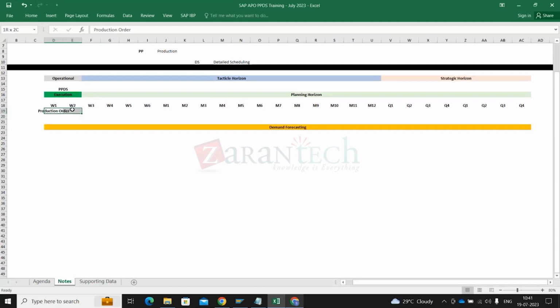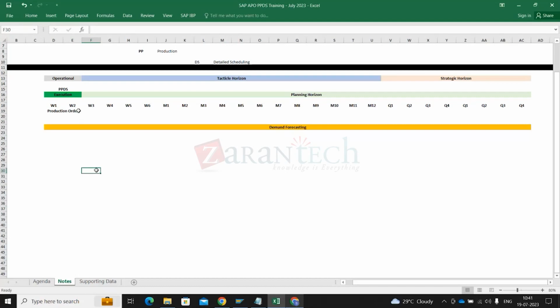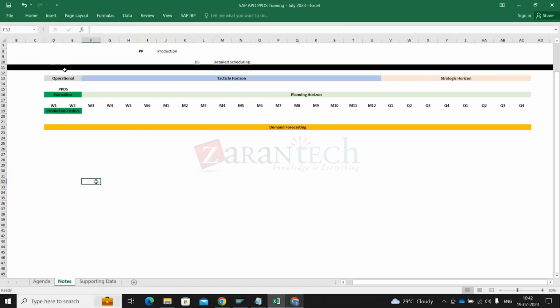Agreed? Yes. So the orders in the first 2 weeks are going to be production orders or process orders only. This is the horizon where you don't do the planning.